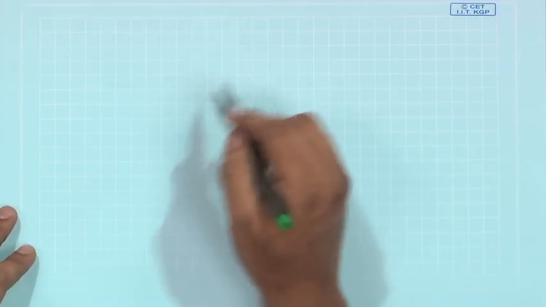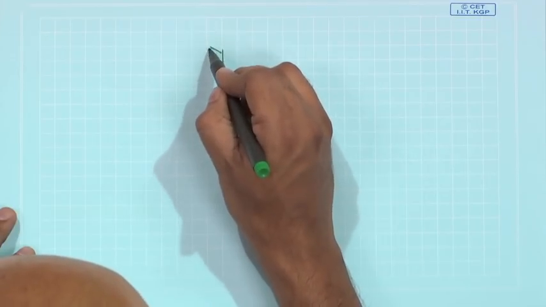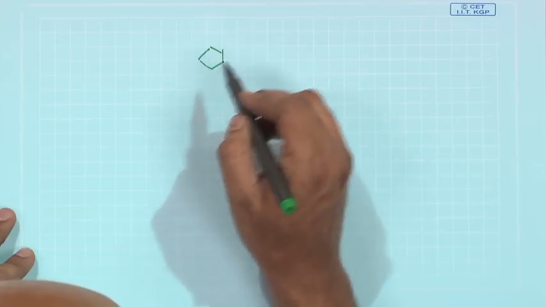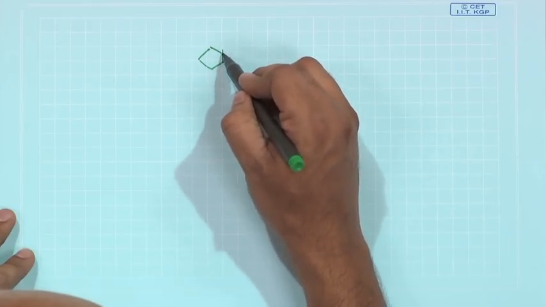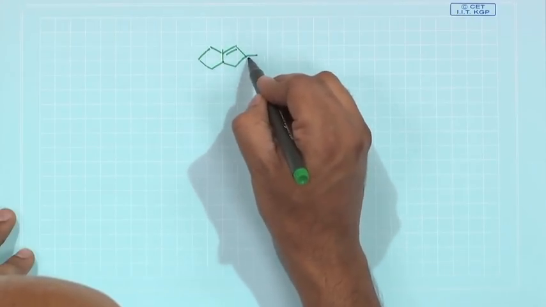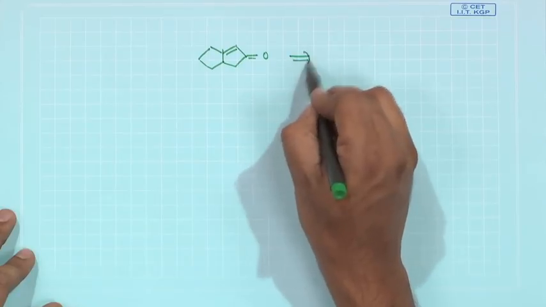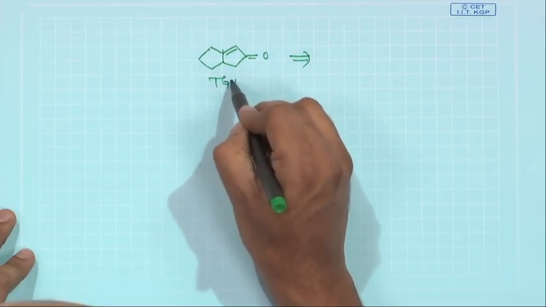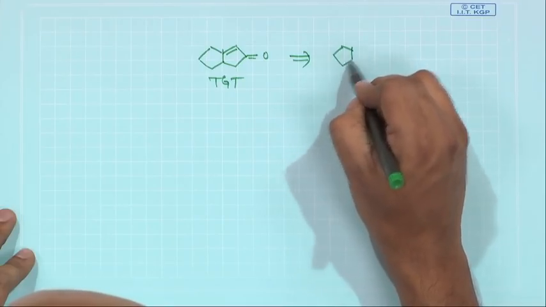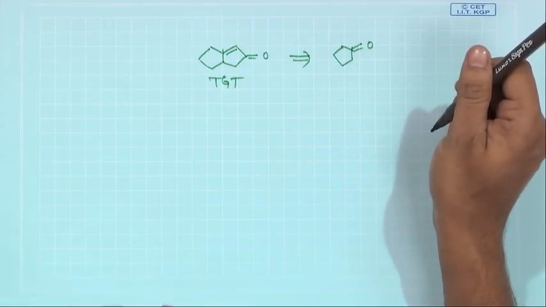In a similar way, we will try to now analyze a molecule. We will be trying to synthesize this molecule as our next target, which is a bicyclic compound, and the starting material which was given to you, the cyclopentanone, is a monocyclic compound.